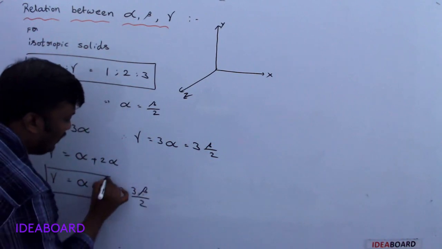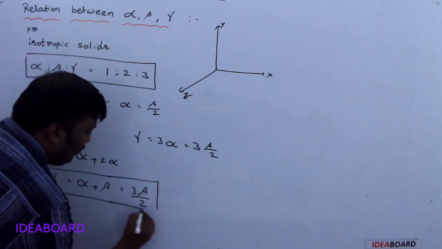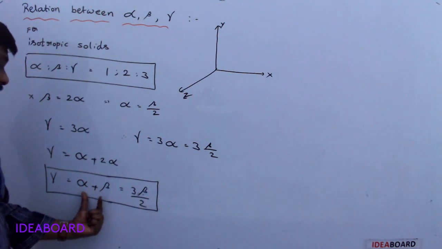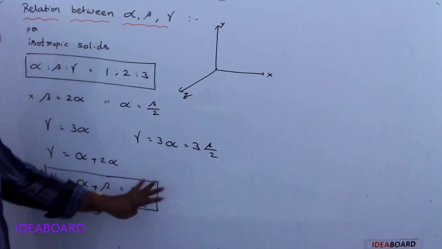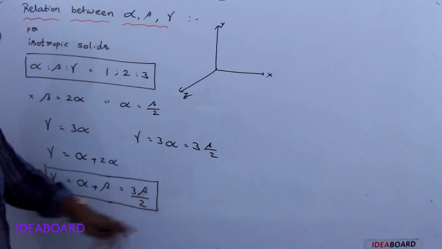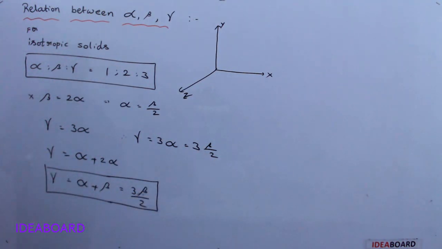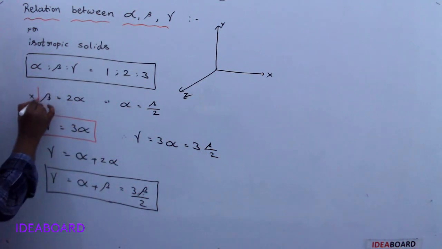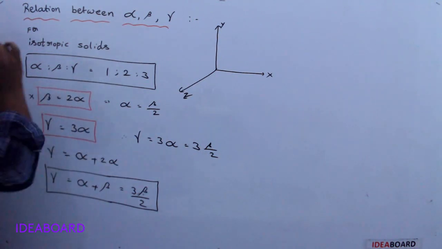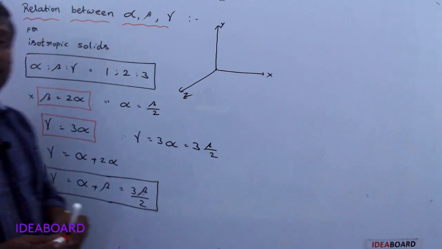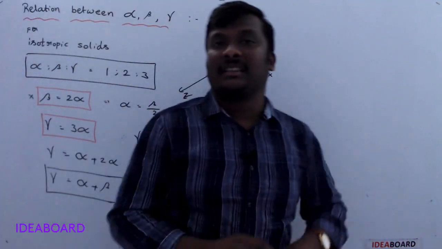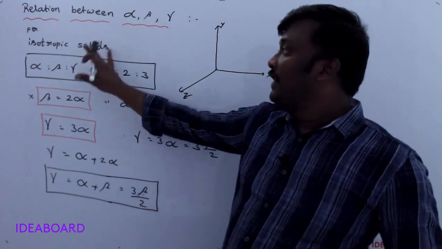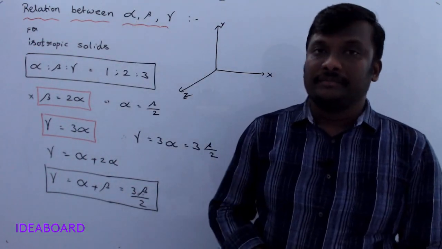Understand? So gamma in terms of alpha and beta is alpha plus beta. Only in terms of beta, 3 beta by 2. Only in terms of alpha, 3 alpha. Beta in terms of alpha, 2 alpha. So these are the relations between alpha, beta and gamma for isotropic solids.